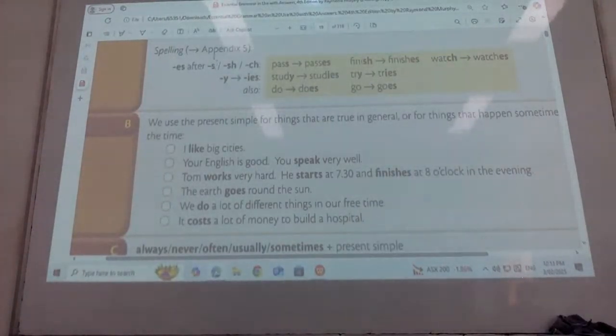If I add s, if I add es. Teacher, sorry, I have a question. When it's plural, for example, they has? No, it's just for I, you, they, we: have. Because he, she, it is only has.